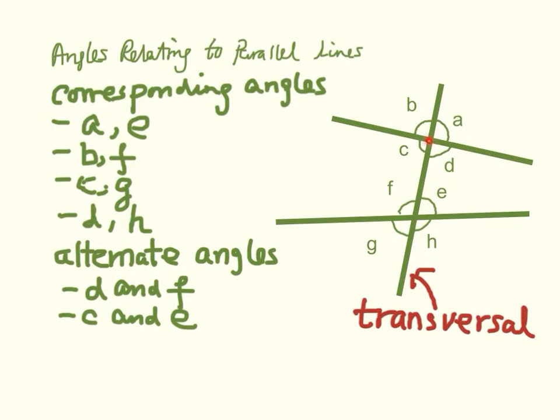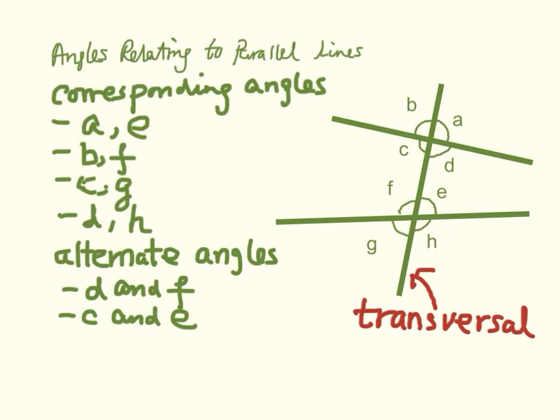Also, C and E are on the different sides of the transversal. Also, they are inside the 2 given lines. So, these are the characteristics of alternate angles.